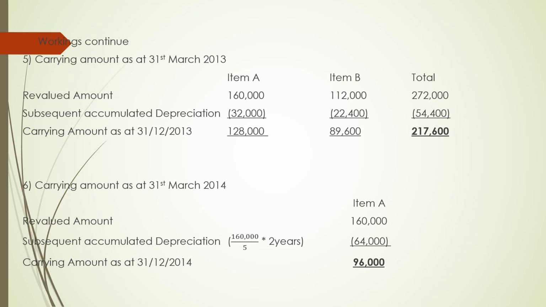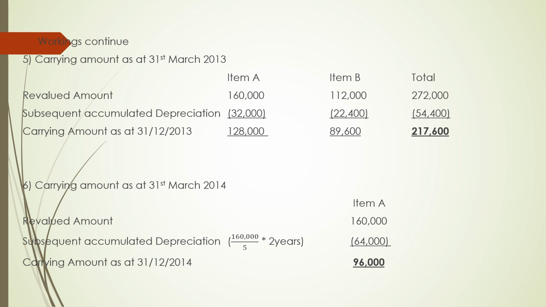So from 2012 to 2013 is 1 year. And then 1st April 2013 to 31st March 2014 is 2 years. So we multiply by 2 years in order to ascertain our accumulated depreciation as at that period. So this will give us a total of $64,000.